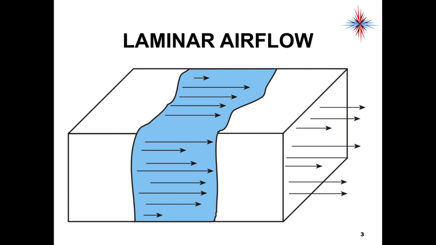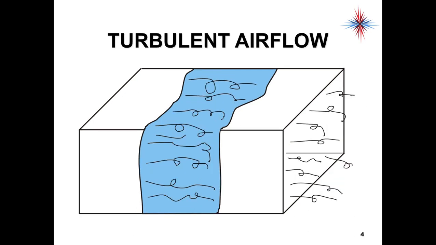Laminar flow means that this air flows in layers, and air temperatures tend to remain in layers and don't mix. This seldom happens in ductwork, and it is a poor method of transporting heat. You don't want laminar flow to happen. Now, turbulent flow is more often what we see in ductwork.